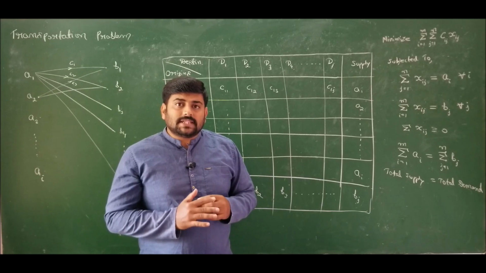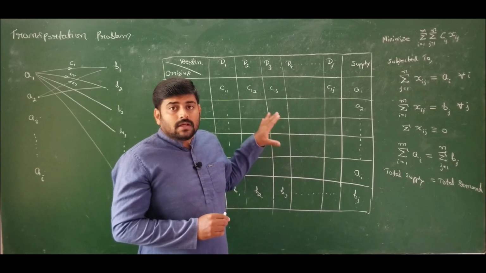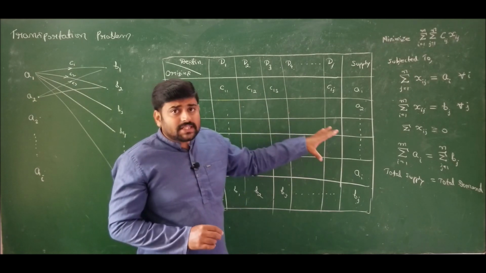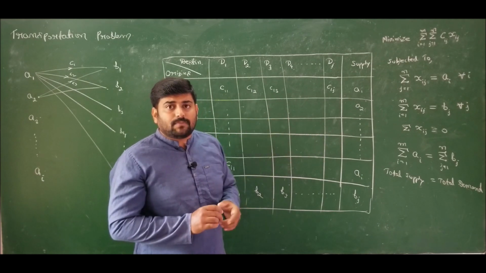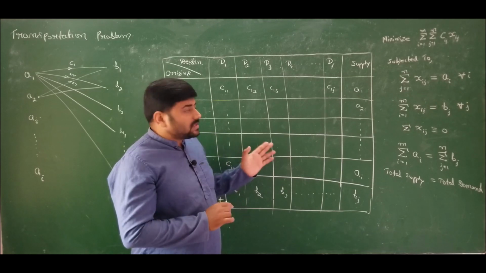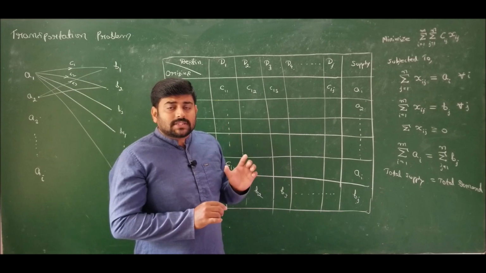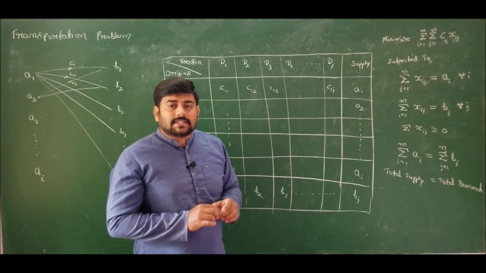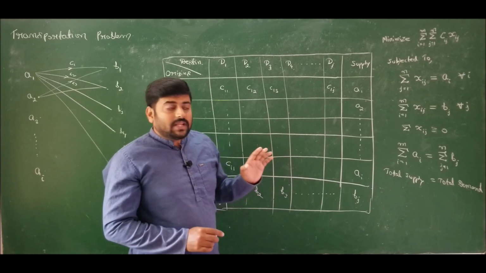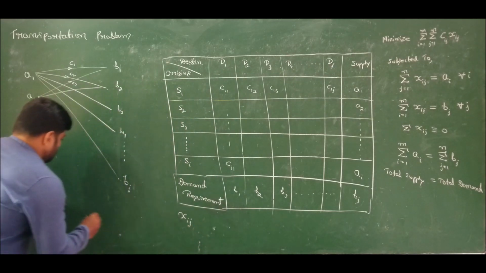A feasible solution is nothing but the set of allocations which reduces the deficiency. If the number of allocations that I make in this transportation problem is equal to 1 less than the sum of rows and columns, that is 1 less than sources plus destinations, then it is termed a basic feasible solution.